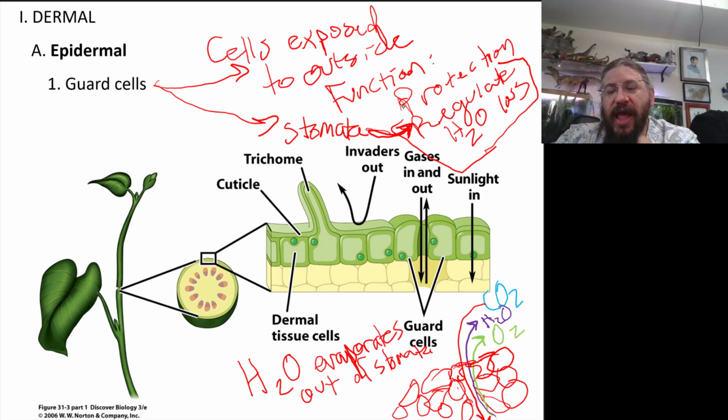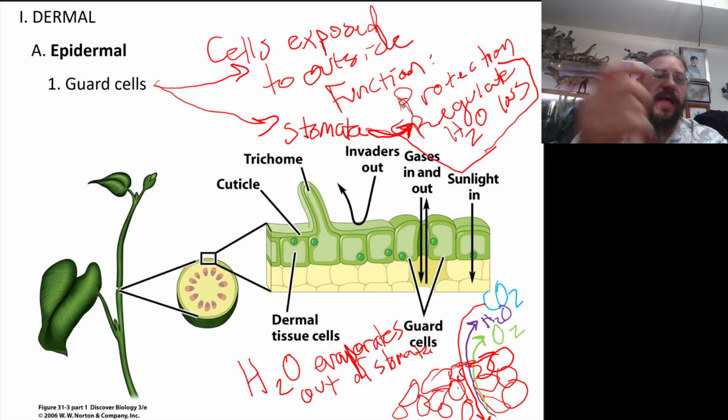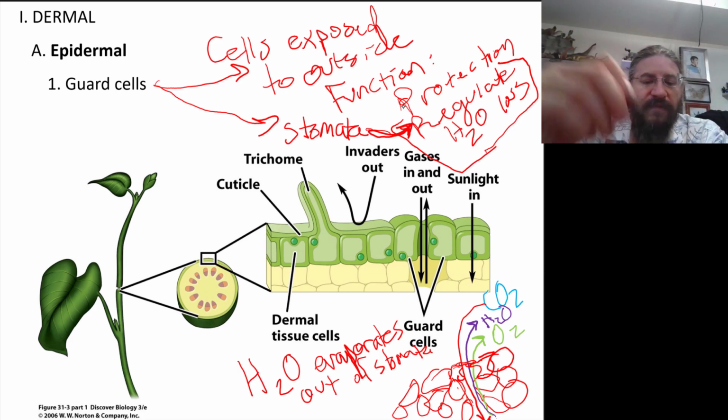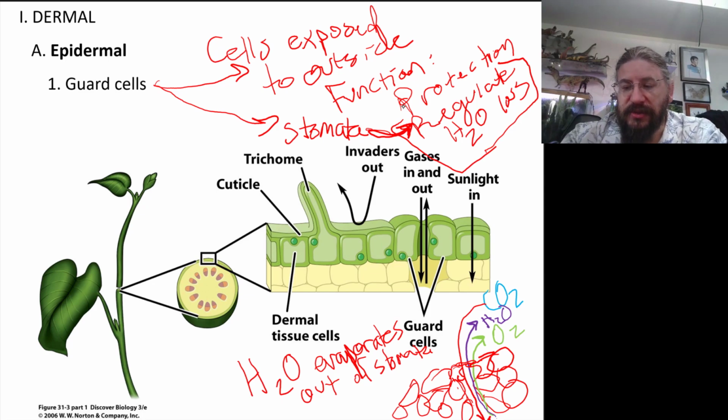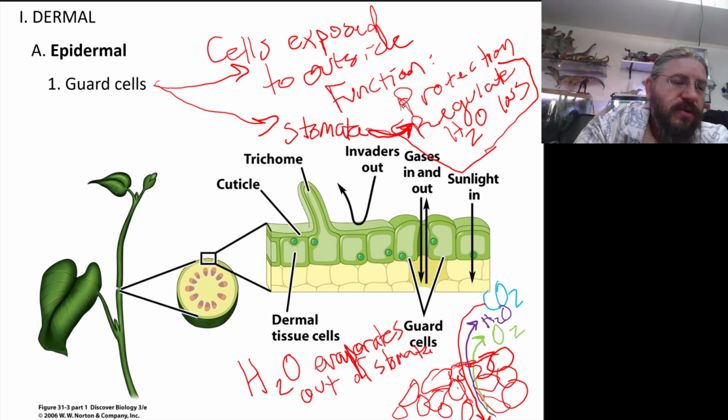Guard cells will often have adaptations that help with protection. So not only are they the outermost layer with the thickened cuticle covering them, they can also have special adaptations.